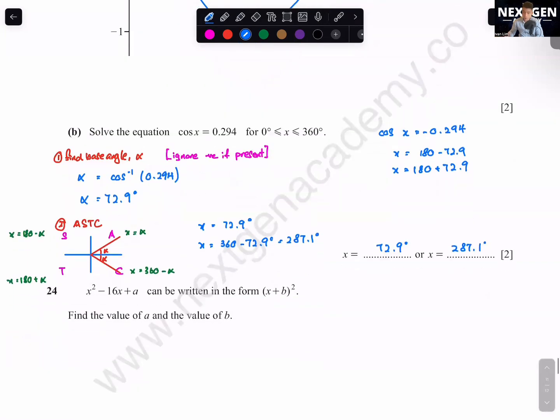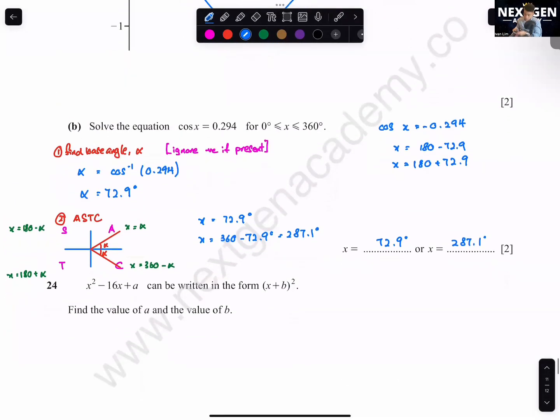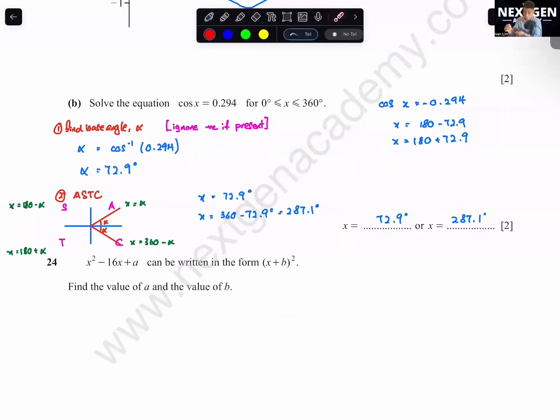Any more questions here? You see the negative one, just to make sure that all of you understand. You go and try, you put shift cos negative 0.294. You will only get one of the answers, which is 107.1 degrees.